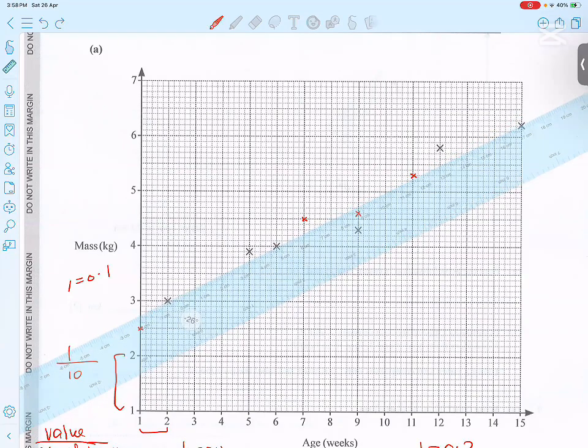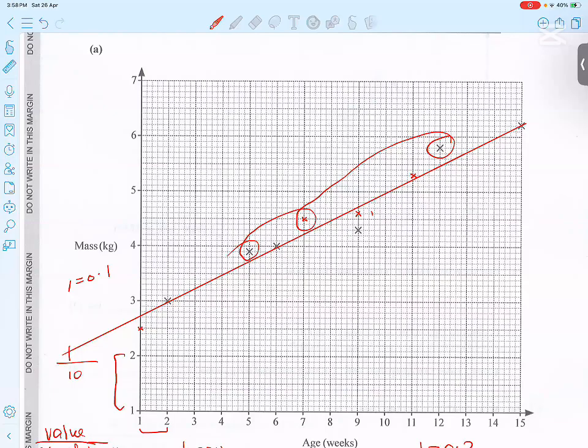How many points above? Wait a minute, let me remove the ruler. 1 point above, 2, 3 points above, and 2 points are below. Not 2 points. The third point is this one. So I think it's not a bad option. Mostly points are close.